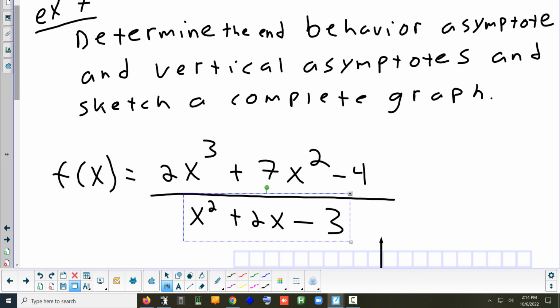When the degree in the bottom is bigger, yes, there are. When the degrees are the same, yes, there are. But when the degree in the top is bigger, no. What's the difference between the degree in the top and the degree in the bottom? One.